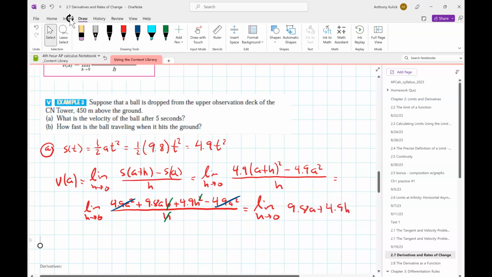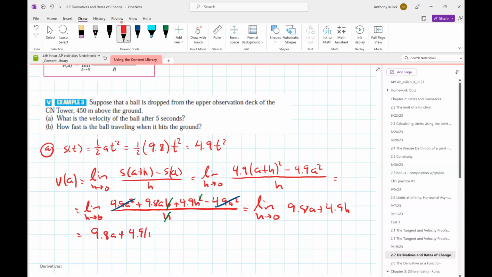So far, so good. So v of 5 is going to be 9.8 times 5.